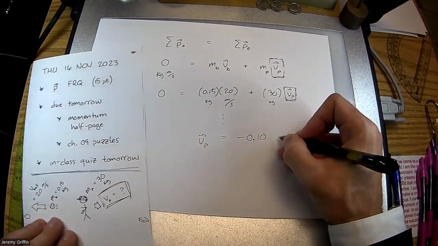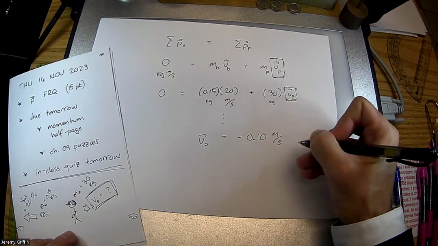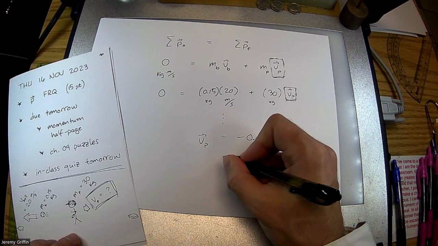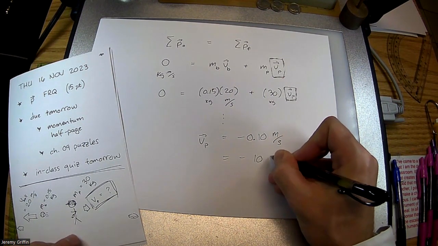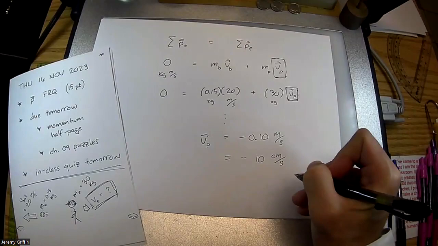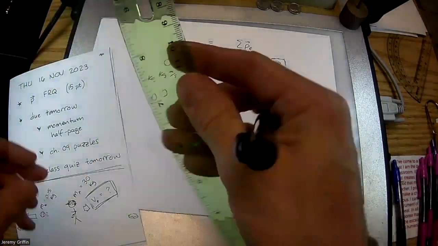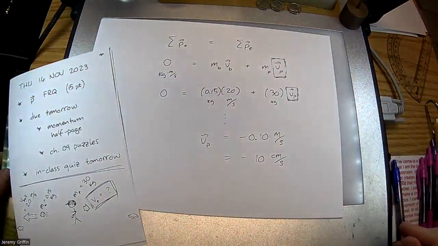And units, guys, what's the units on that? Meters per second. Could I call that like 10 what? Centimeters per second, which may be a little easier to visualize, at least for me. It's like that far every second, given all those other numbers.